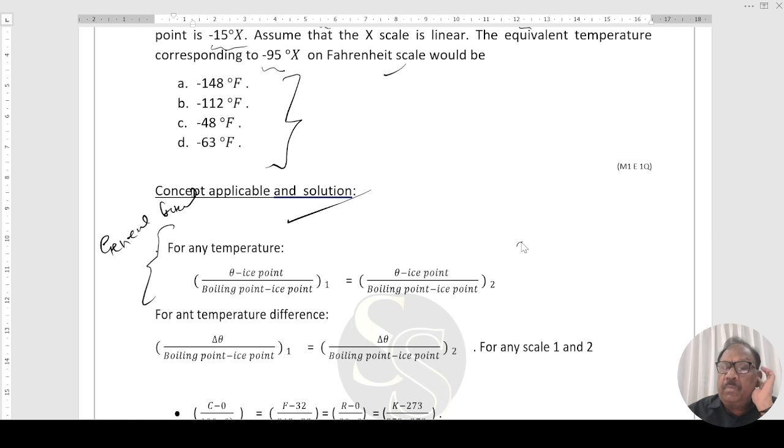And for temperature difference: delta theta upon boiling point minus ice point of one scale equals the temperature difference divided by boiling point minus ice point of the second scale. Right?